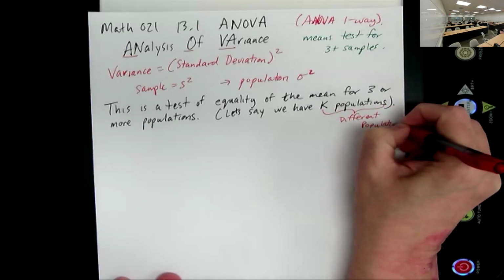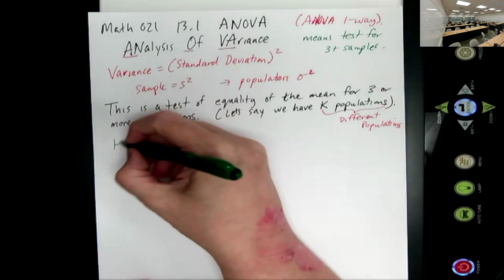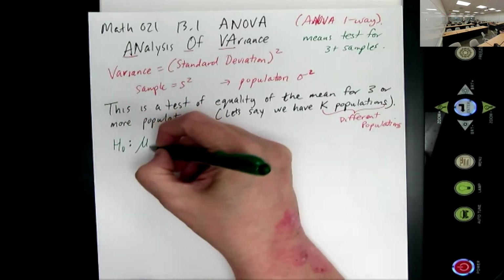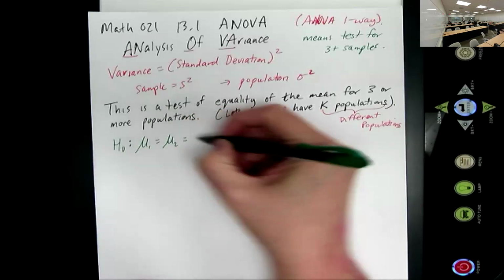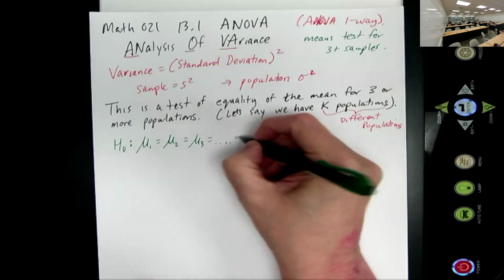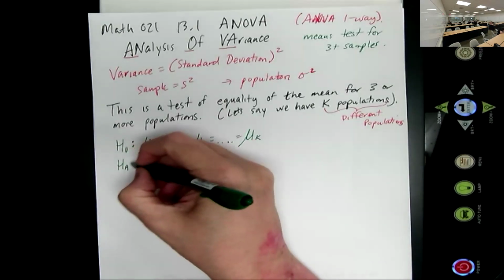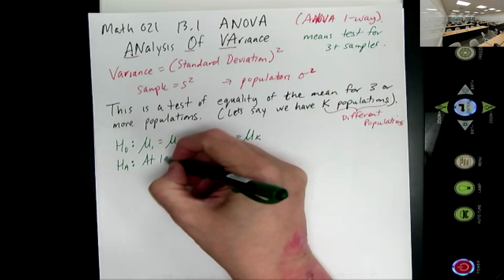You're not just using the same group over and over. If we have that set up, H naught is mu1 equals mu2 equals mu3 up to mu k. All the means are approximately equal. H A is at least one mean is different.